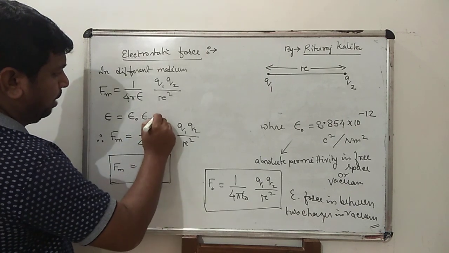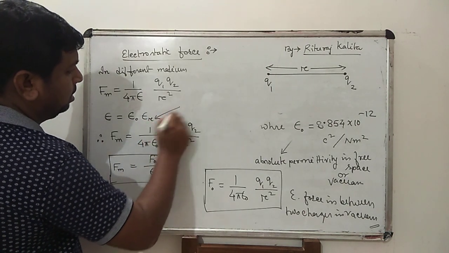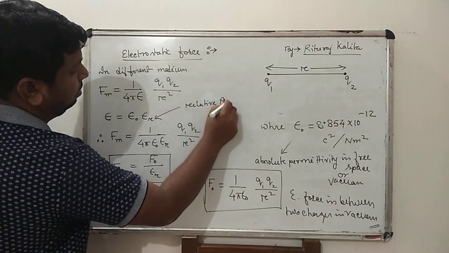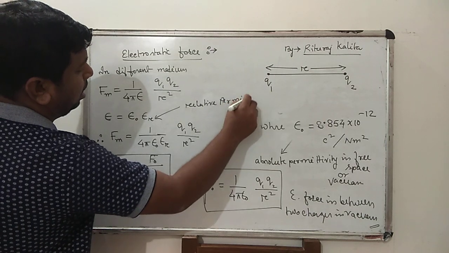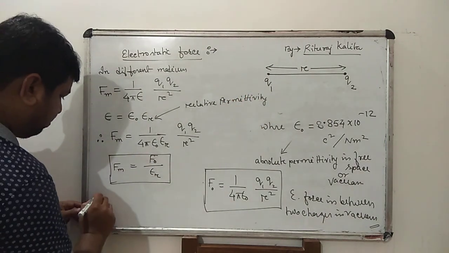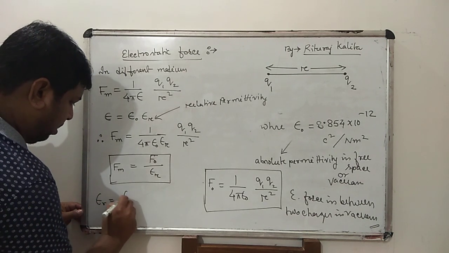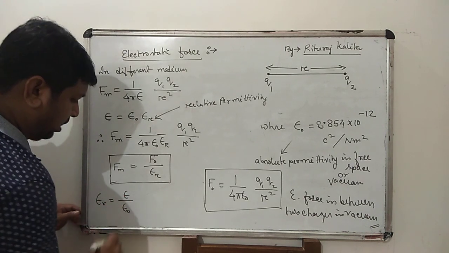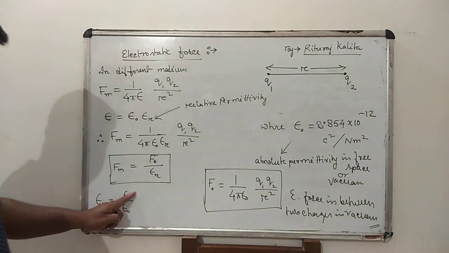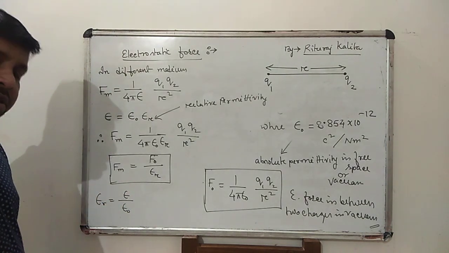Where epsilon r is the relative permittivity. Epsilon r is equal to epsilon by epsilon naught, that is, the permittivity in the medium divided by the permittivity in free space.